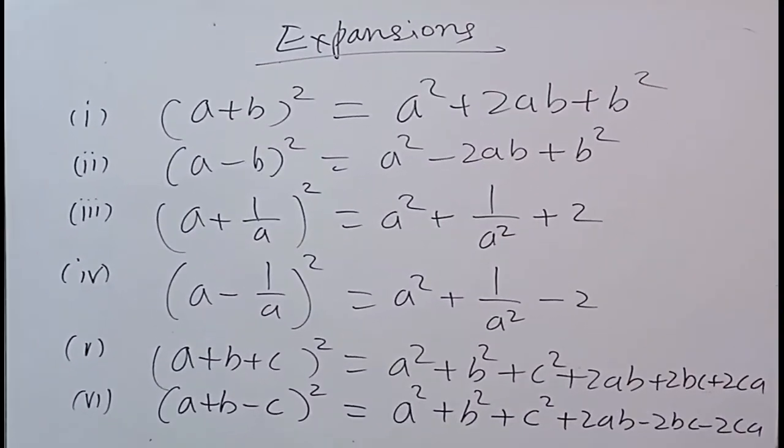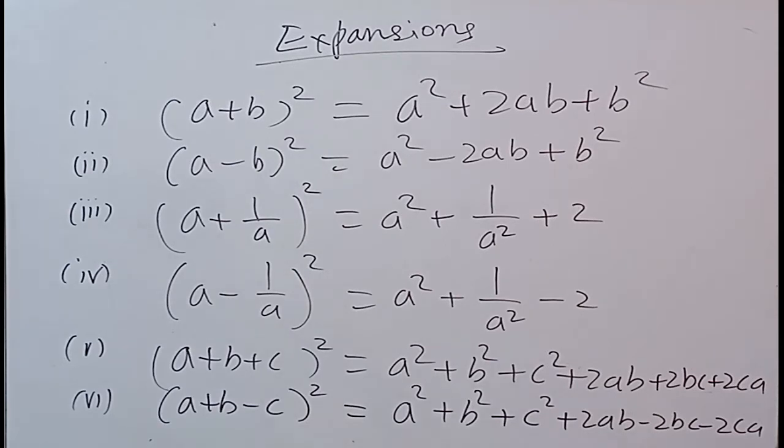Children, today I am going to take chapter 12, Identities, exercise 12b. We have some formulae, and with the help of these formulae we can solve the questions of exercise 12b.